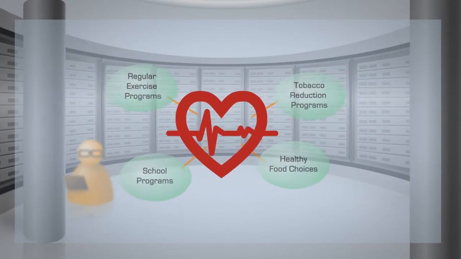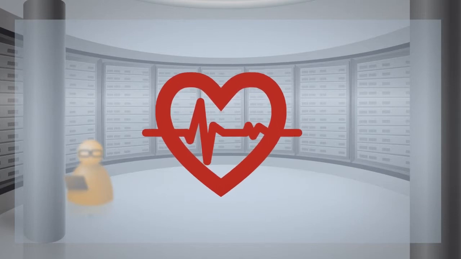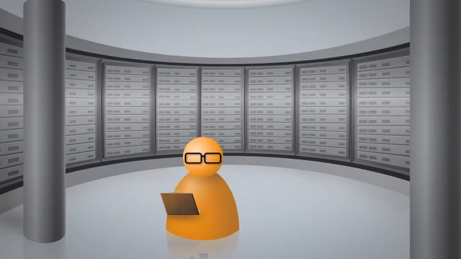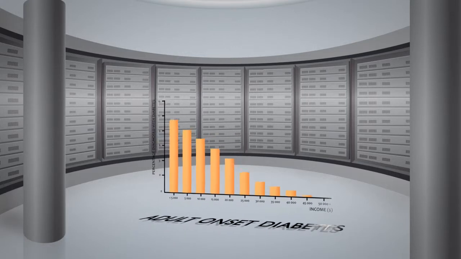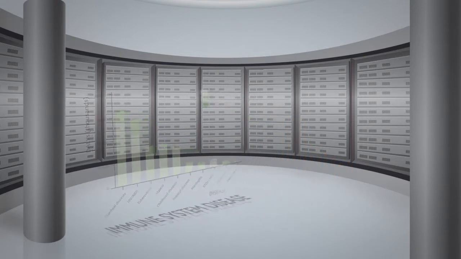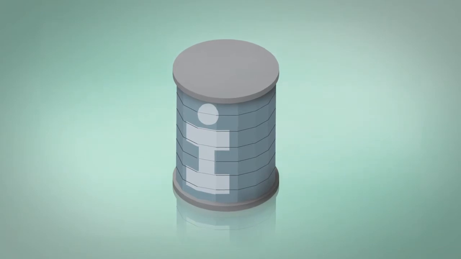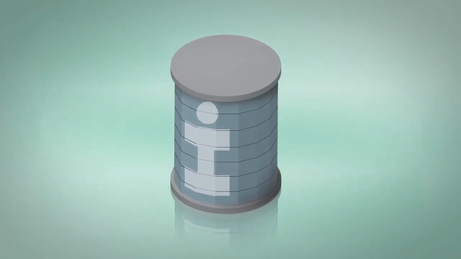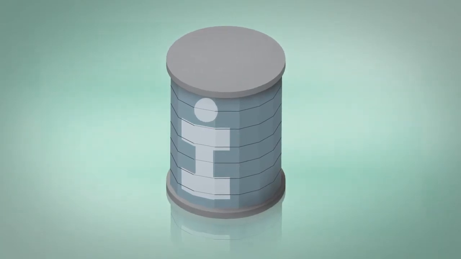Heart disease is only one of the many health concerns that are related to various social determinants of health. Similar relations have been found between these social factors and a variety of illnesses, including adult-onset diabetes and immune system disease. Personal information for health research and planning of services and programs has been used for improving the healthcare system and for public health purposes.